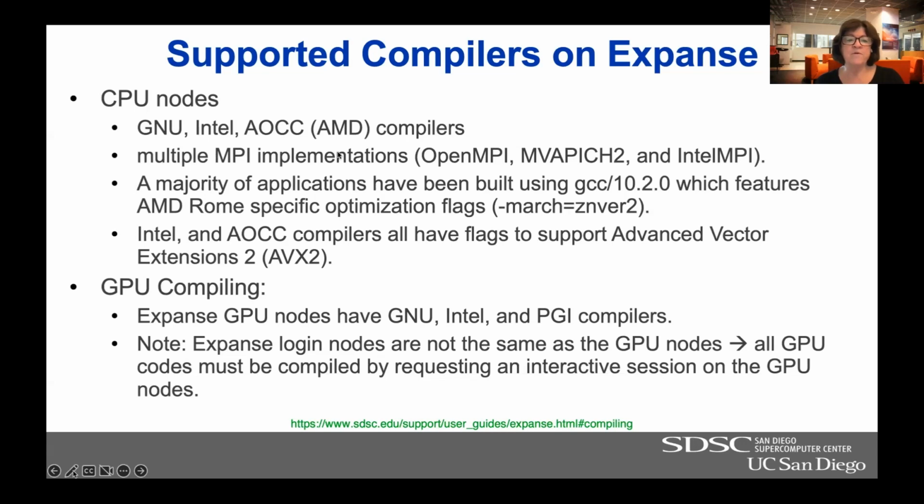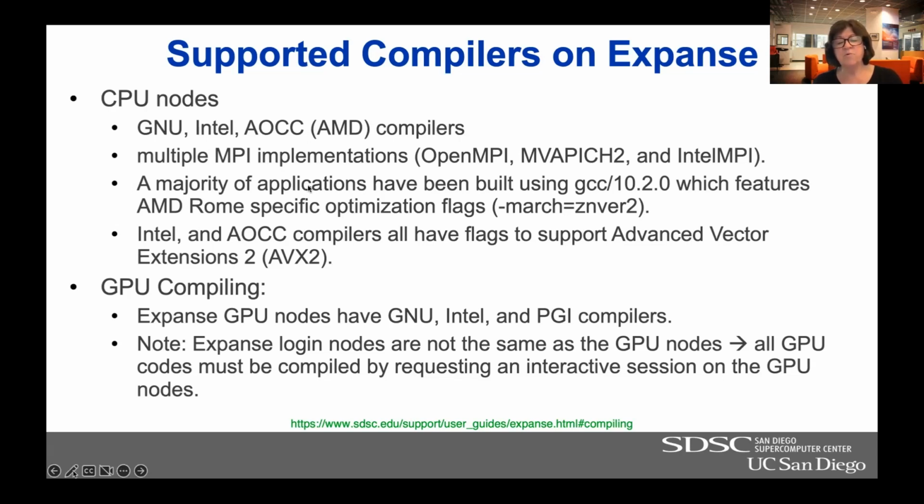We have multiple MPI implementations: OpenMPI, MVAPICH, and Intel MPI. And again, a majority of our applications are built with the GNU public open source compilers. And so that's helpful in one aspect: if you think you might be running on a large suite of different HPC systems, then if you have a common compiler, the likelihood that all the features that you're using are available on all the different systems you want to run on will be high.